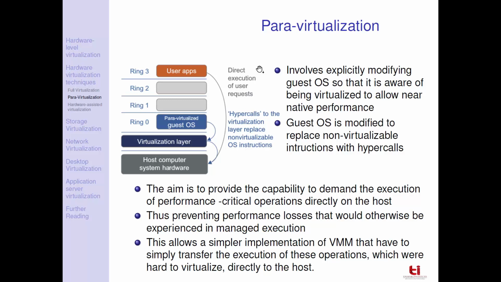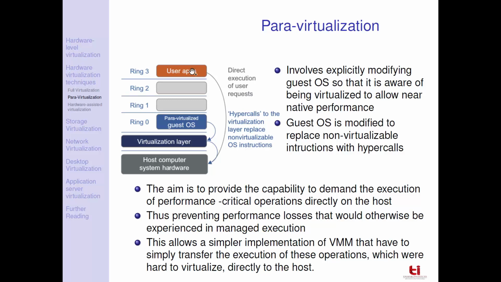If you look at this, we have a host computer, that is the system hardware is here. On top of the hardware, there is this virtualization layer. Ring 0 is the modified guest OS, and then in ring 3 we have user applications.